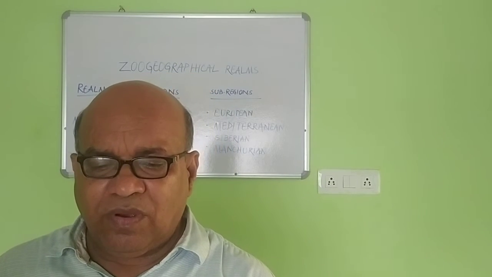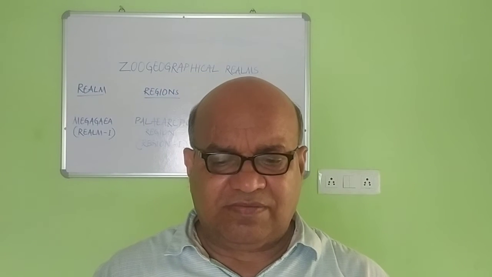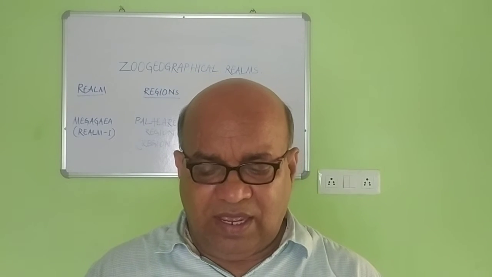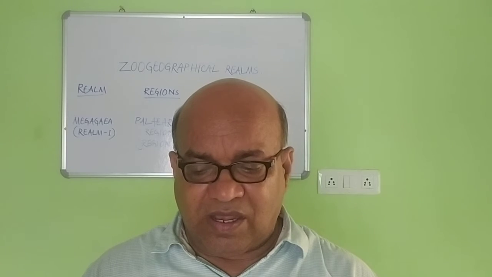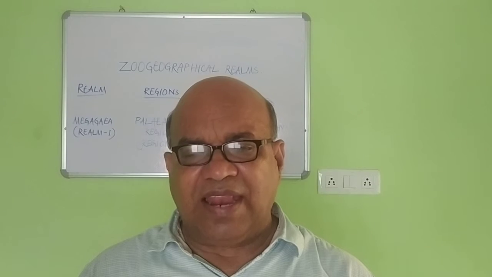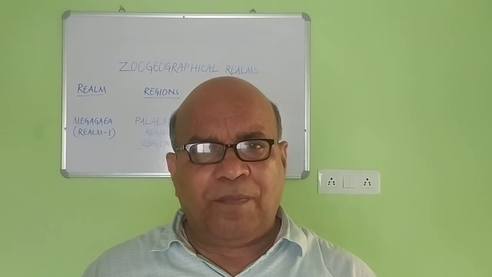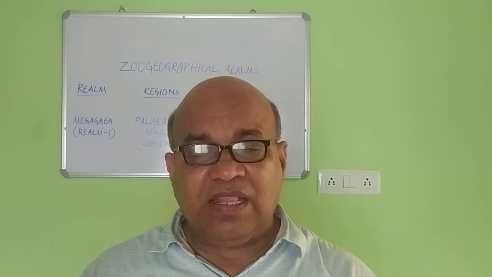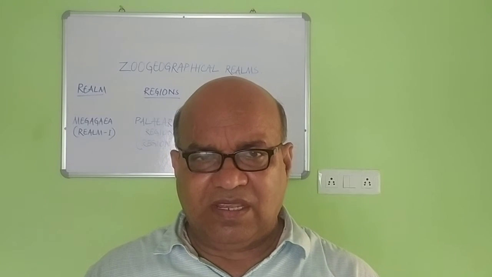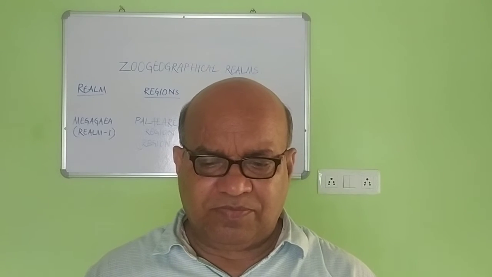Let us know how many realms generally exist in the world. As per Alfred Russel Wallace and Sclater, the whole fauna remains in three different realms: realm 1, realm 2, realm 3.